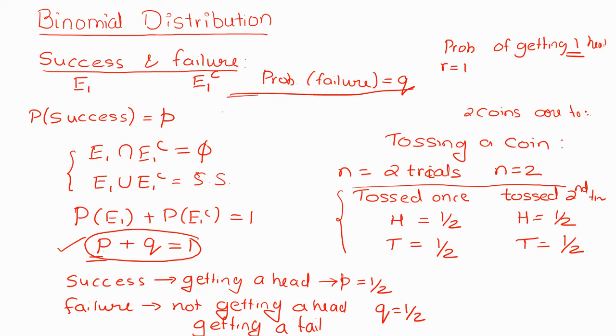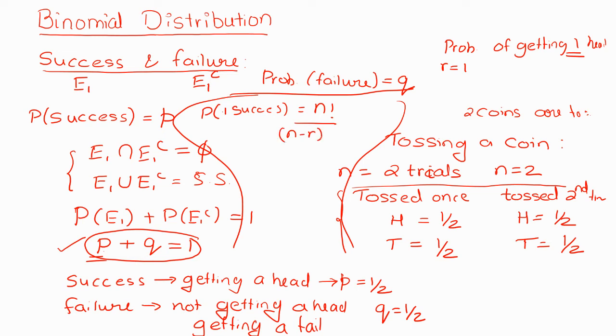I'll write it here. The probability of one success is given by n factorial upon n minus r factorial times r factorial, times p raised to r, q raised to n minus r. n is 2, therefore 2 factorial. r is 1, therefore 2 minus 1, that is 1 factorial. r is 1, therefore 1 factorial. p you have found, p is half, therefore half raised to r, and r is 1.